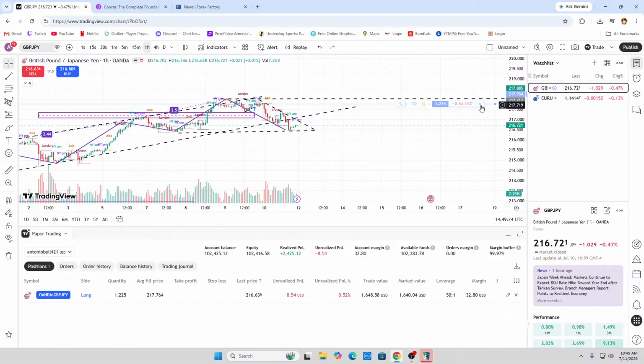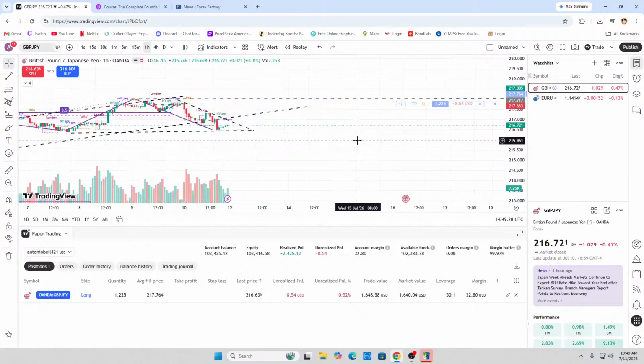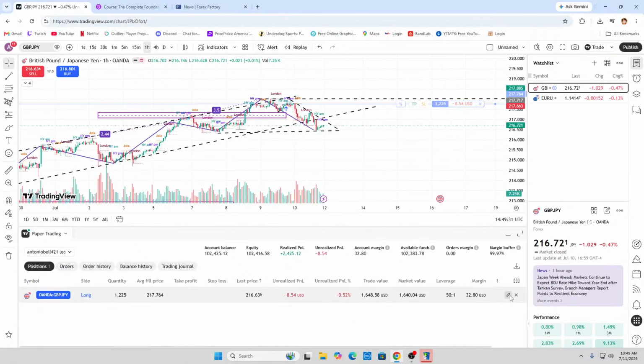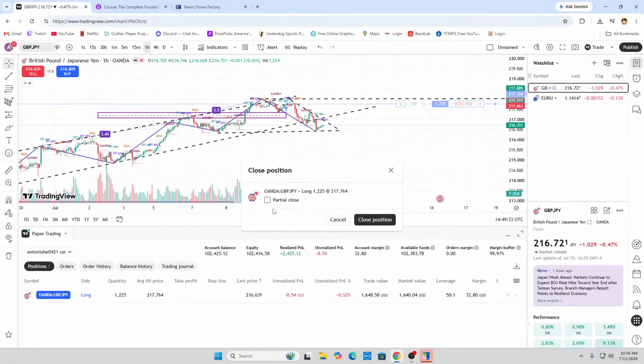How the hell am I not out of this trade already? Dang. Partial close of 1,225 units.